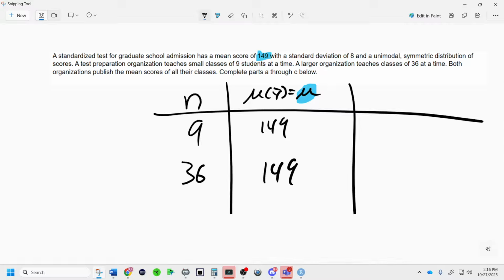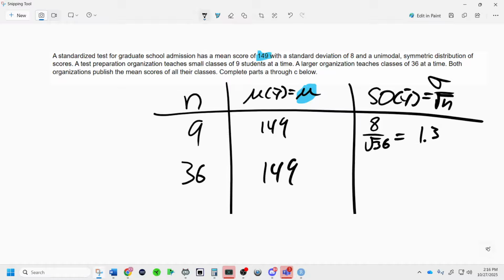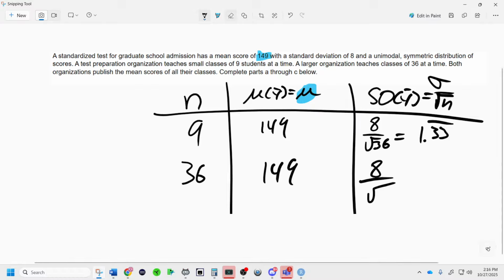And then next we see the standard deviation. It was 8, but we want the standard deviation of the sample mean. So that's sigma over square root of n. And so we just take right here and do 8 divided by square root 36, which is going to be 1.33 repeating. Oh, did the wrong one.